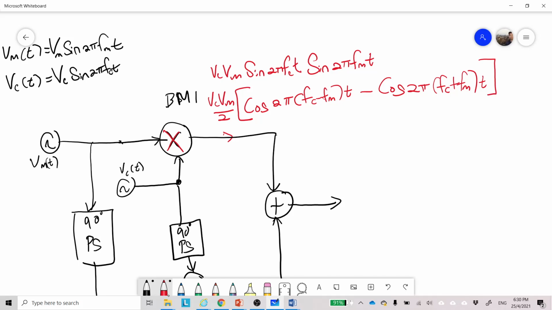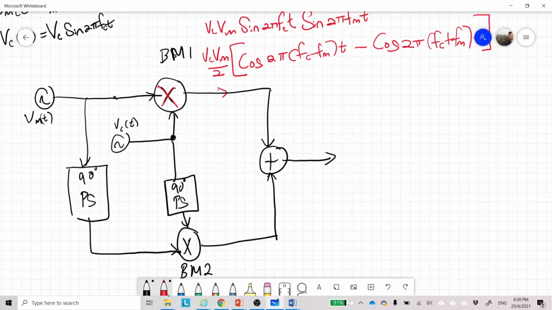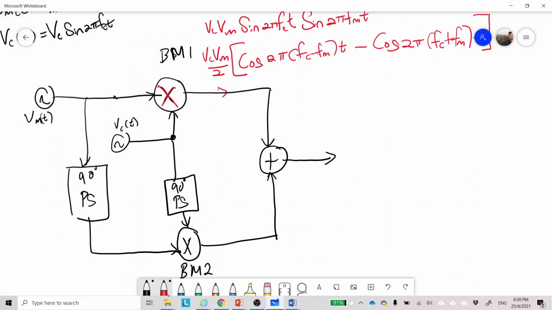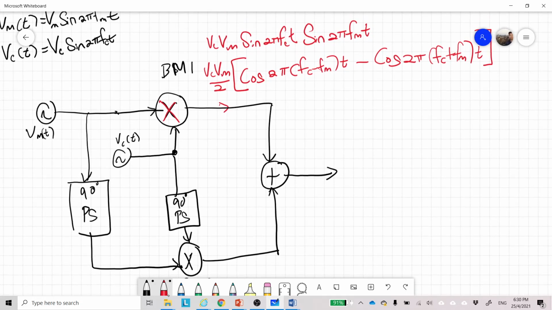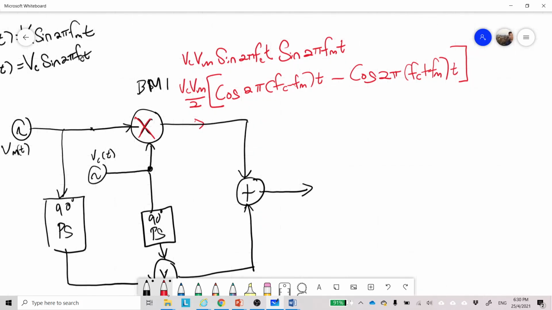Okay, so this is at the first balance modulator. Okay, ini yang berlaku pada balance modulator yang pertama.